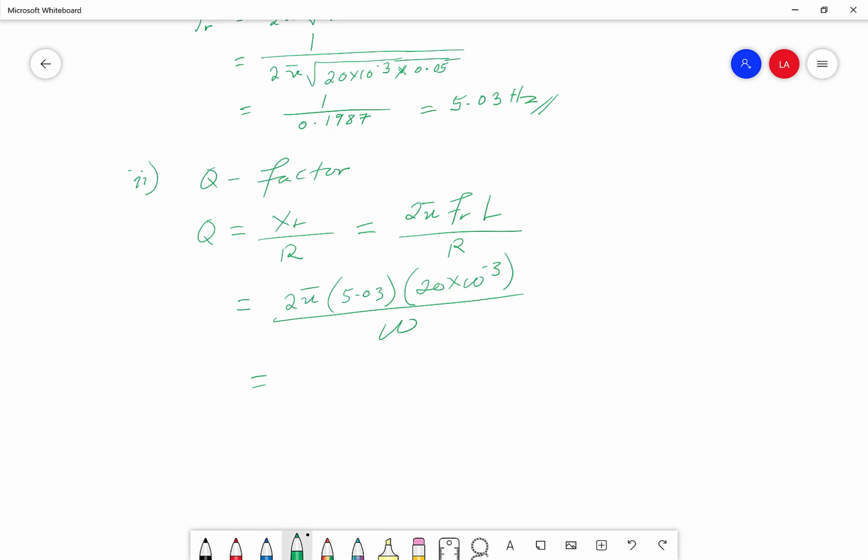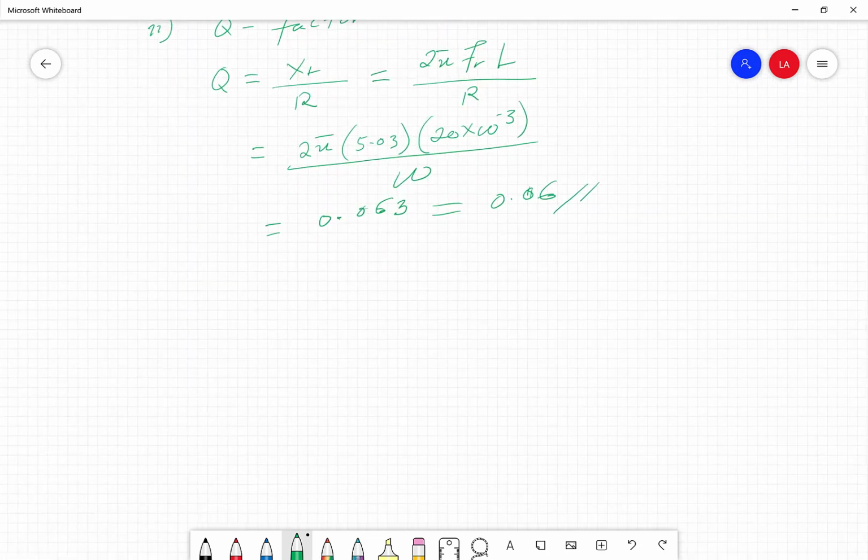That is giving us 0.063, but we said to leave our answers in 2 decimal places, so this will be the same as 0.06. Okay, that is our quality factor.